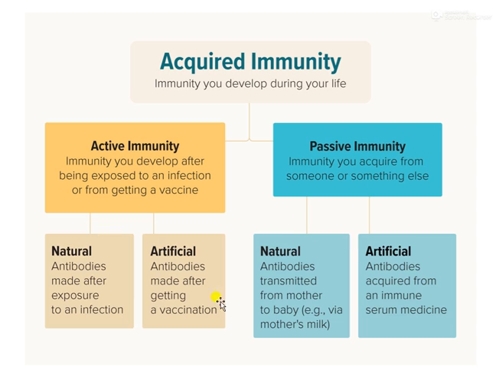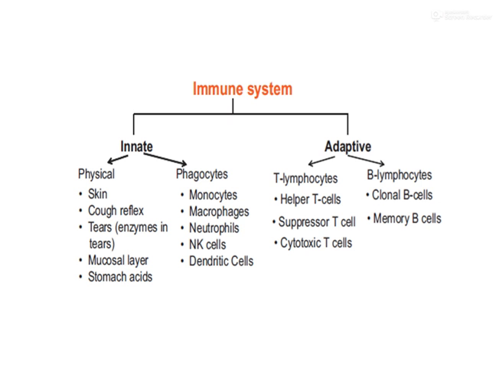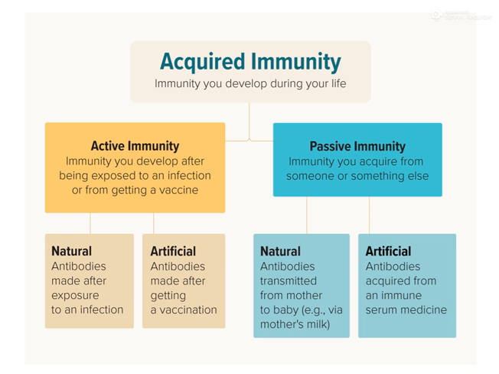Now I use the term antibodies throughout. Where are these antibodies coming from? These antibodies are mainly produced by the B lymphocytes. In the acquired immune system, the B lymphocytes are the ones which mainly produce the antibodies.